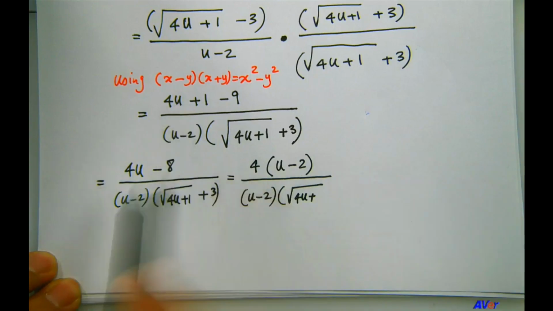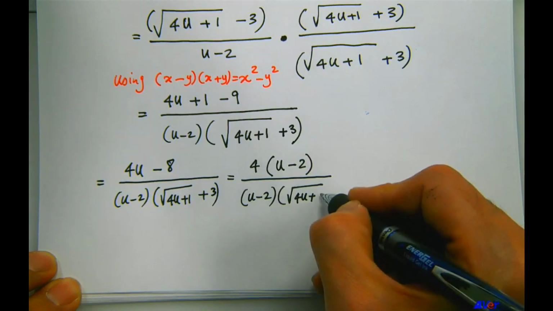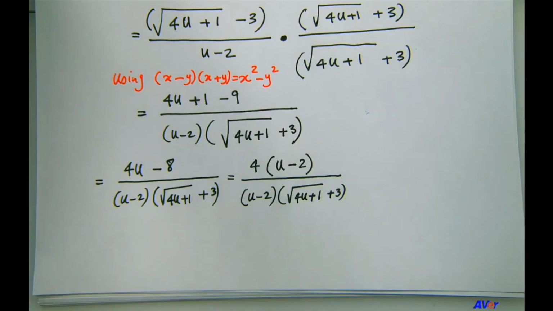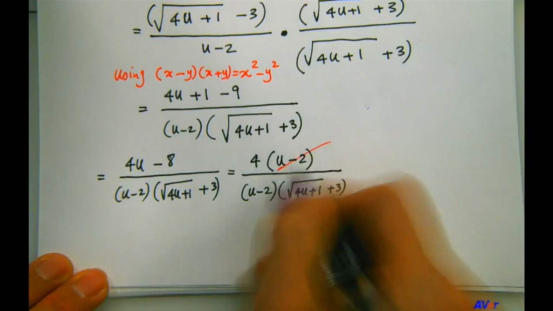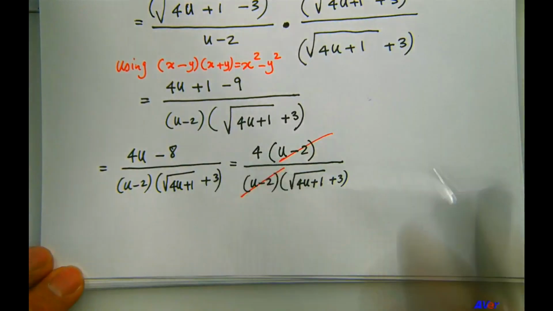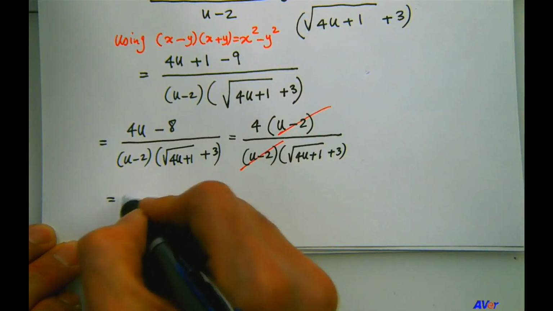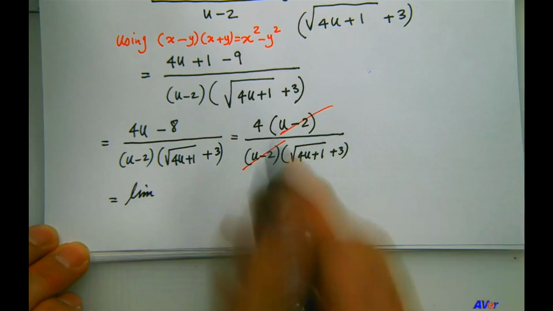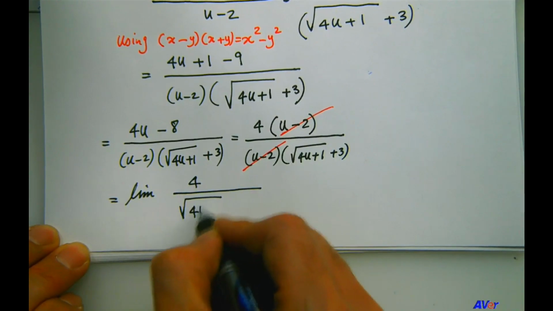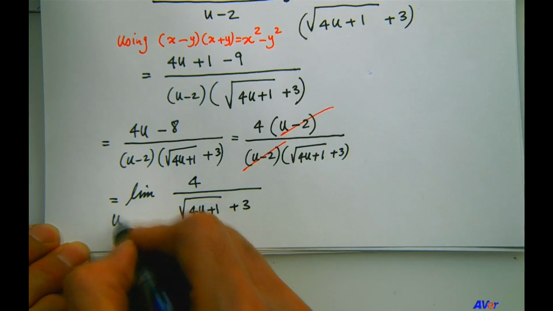I have not forgotten about the limit, but for now we're just simplifying. Of course, you can see that these two cancel out. And now we can take the limit of this simplified rational function. So we have the limit of 4 divided by (square root of 4u plus 1 plus 3) as u approaches 2.